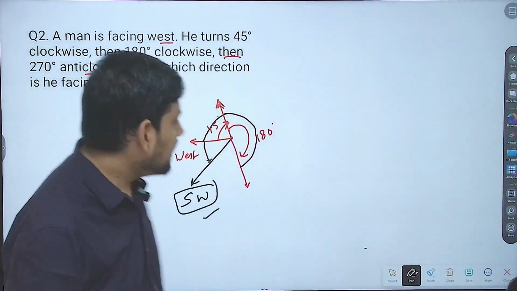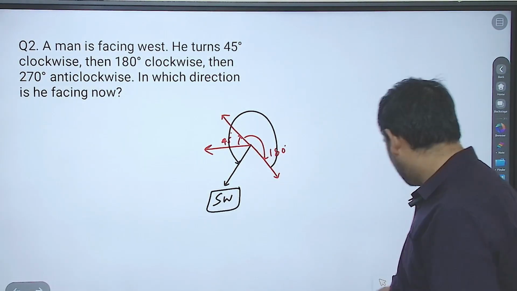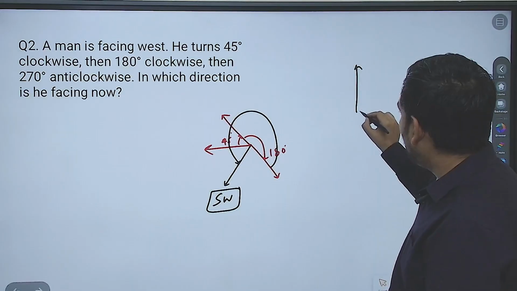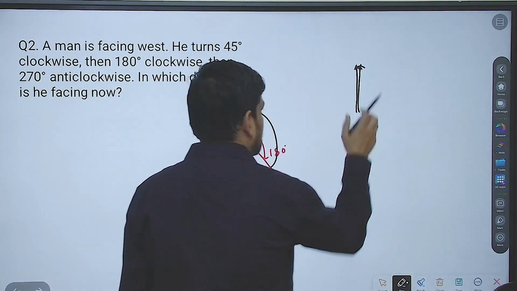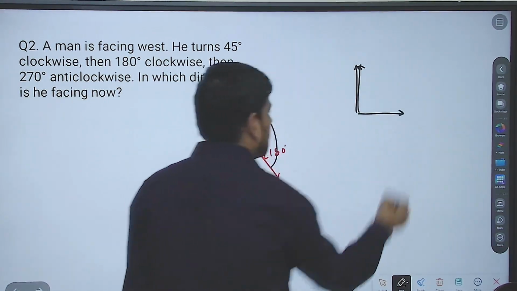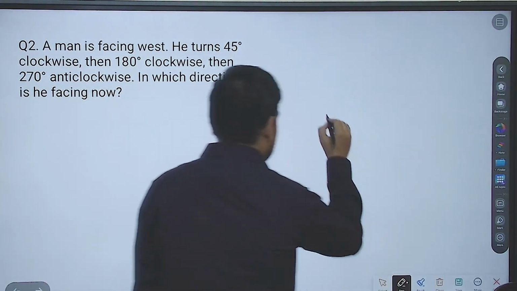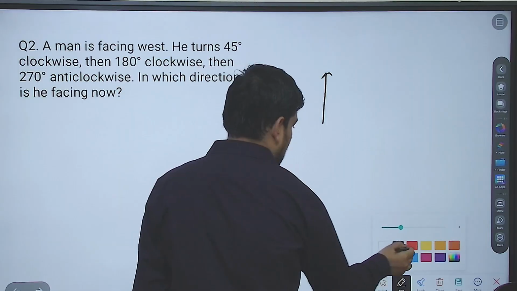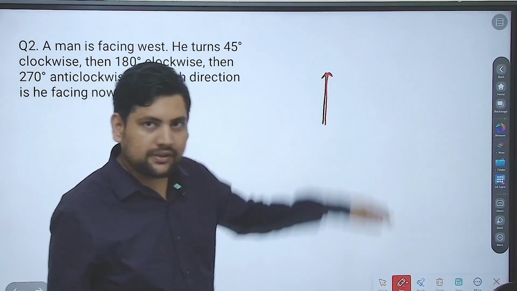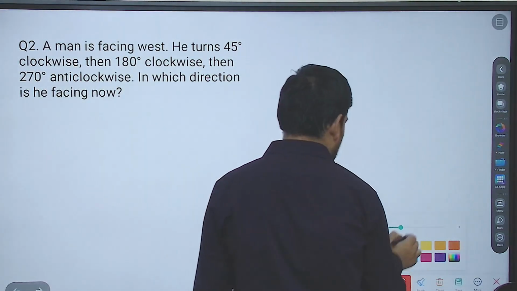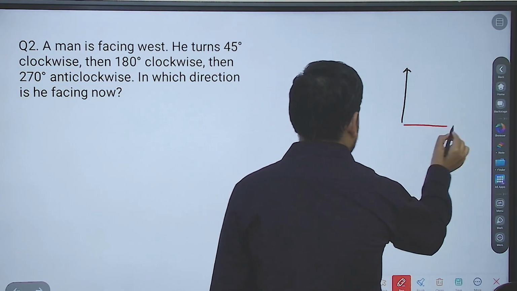Another way of doing this is to understand it like this. I have two pens like this. If I turn one of them, the red one, 90 degrees, it will start looking like this, and the red one will come here.